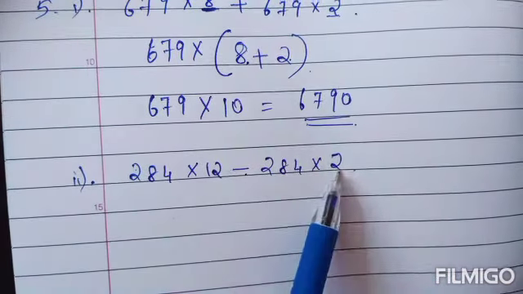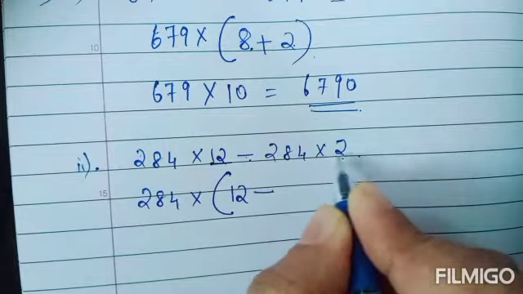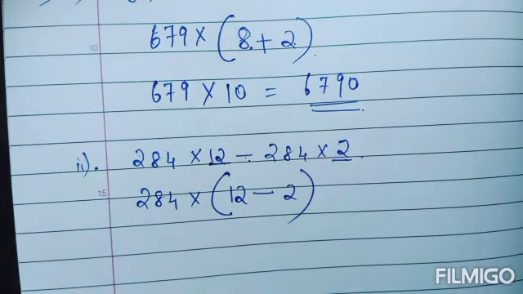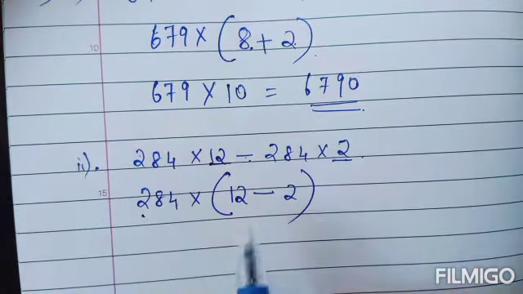So you can take 284 common outside, and write 12 minus 2 inside the bracket. Now 284 into 12 minus 2, that is 284 into 10. What is 284 into 10? It is 2840. Okay, this is the answer.